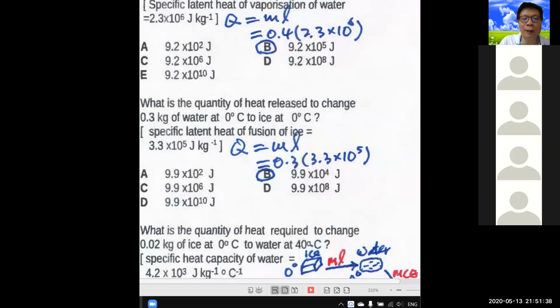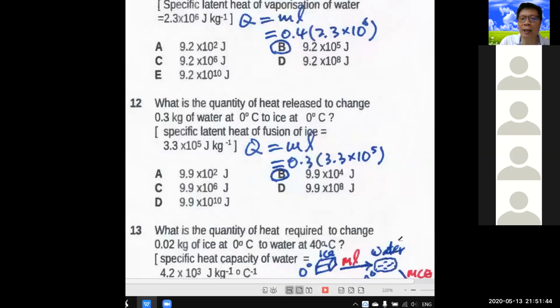What state changes to what state, and then what state? What is the quantity of heat required to change 0.02 kilogram of ice at 0 to water at 40? Okay, try it out first.